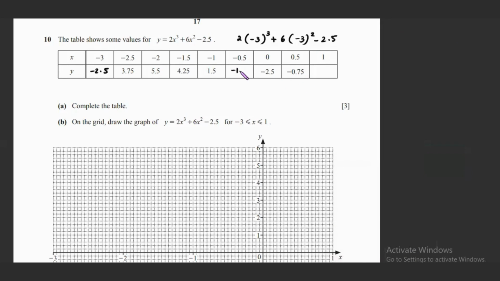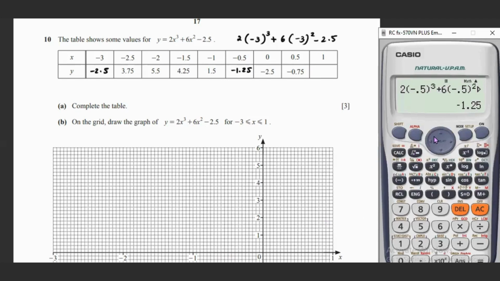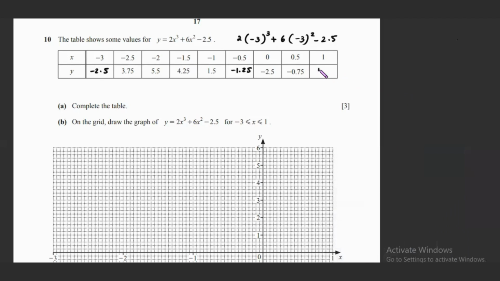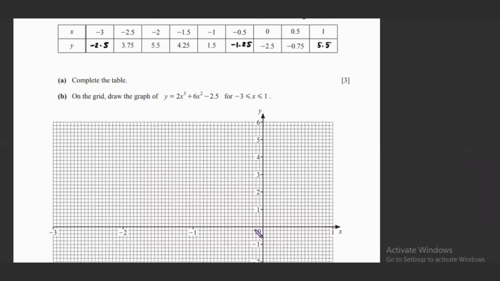And then the last number is when the value of x is 1. So I need to make this a 1, and this one also should be changed into a 1. When I do that, I get the value 5.5. Now I need to mark the coordinate points in the grid given.